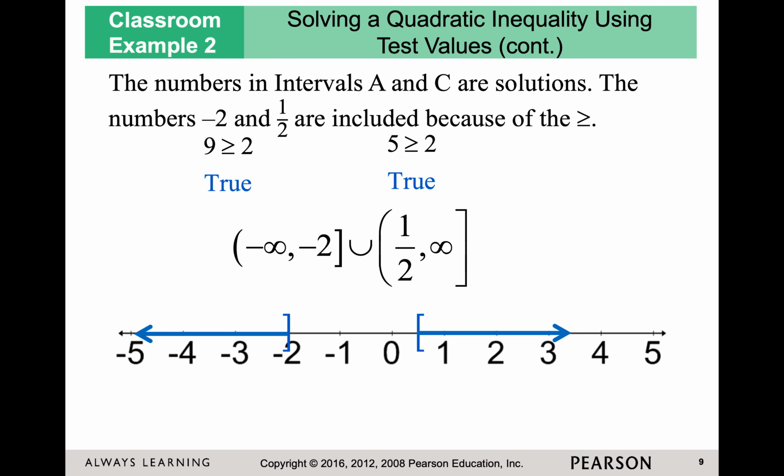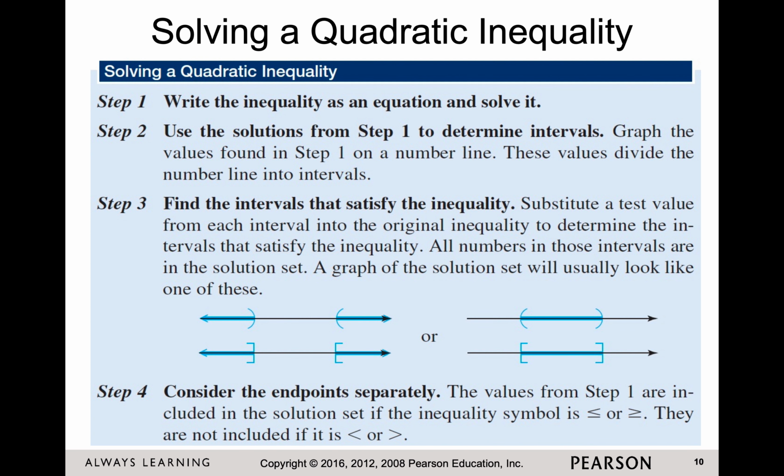So we should have a bracket around 1/2 and a parenthesis around the infinity. That's a mix-up. So if I was going to write this down in steps, this would be how I describe it when I'm not given a graph. And we do have the wonderful ability to graph a lot of things with our calculators, but we want to stay away from that unless we're specifically told to.